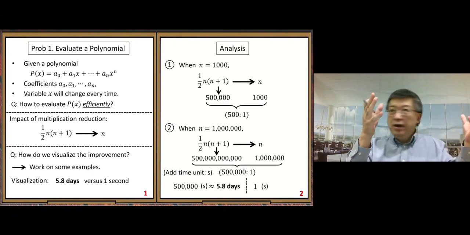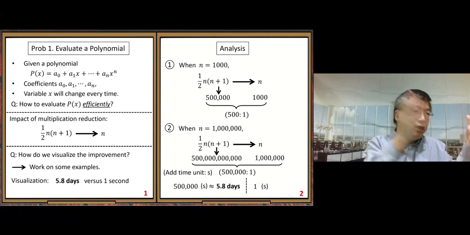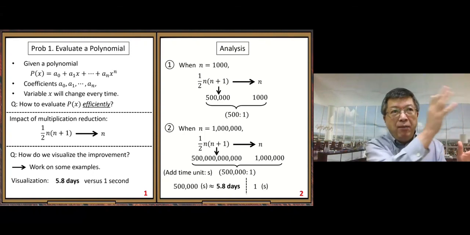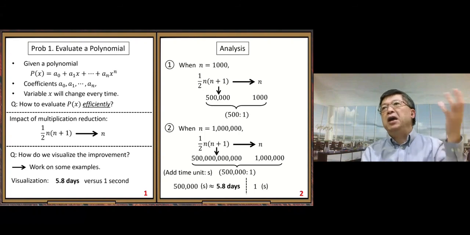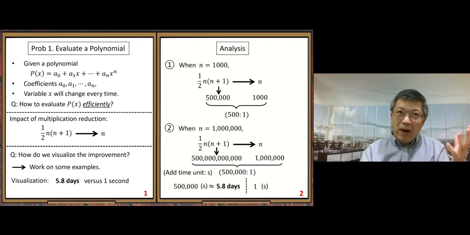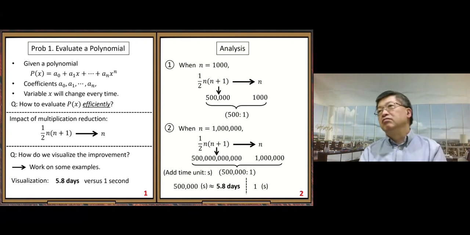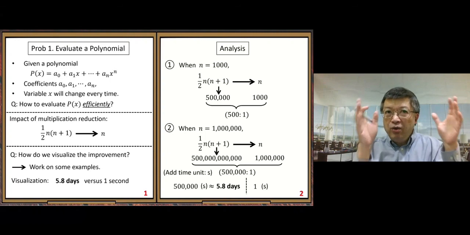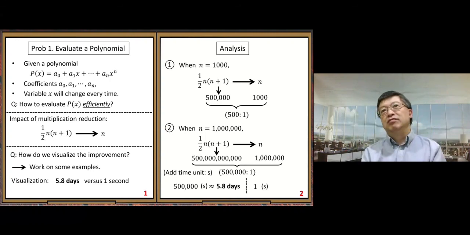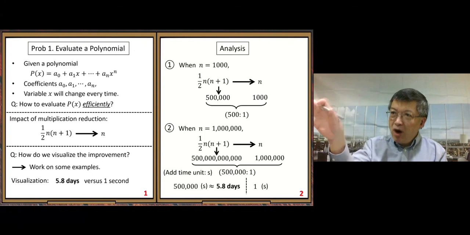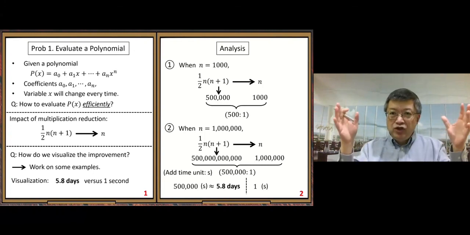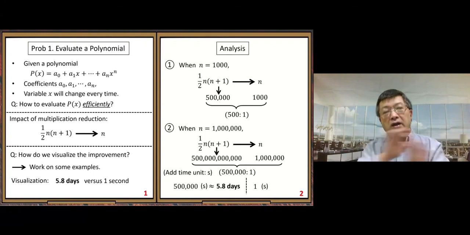If you do not know Horner's rule and just use the brute force method, you need to wait 5.8 days to get the answer. Think about it. That's the reason we want to learn in this algorithms class. We will do it the smart way, not the dumb way. All right, let me finish this video and the whole part B for this class.